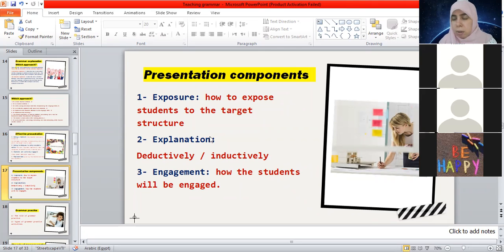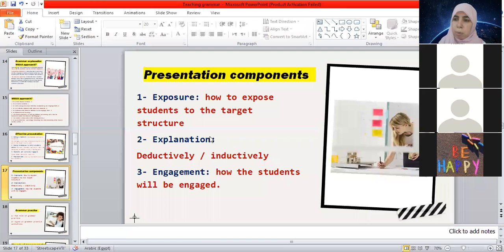the presentation components, okay? Because if you remember, we always say presentation, practice, production, PPP. This is a traditional way to teach. But what about the presentation itself? It's supposed to focus on this part, because after that, students can easily do activities, okay?